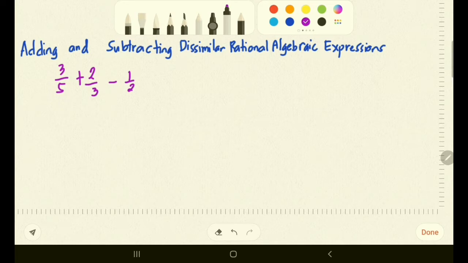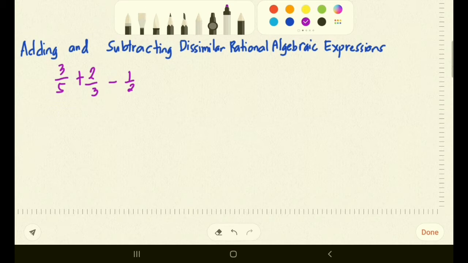As you can see, they have different denominators. So, class, you cannot add directly the numerators if they have dissimilar denominators. So, what will you do? You change this into similar fractions or similar rational algebraic expressions.